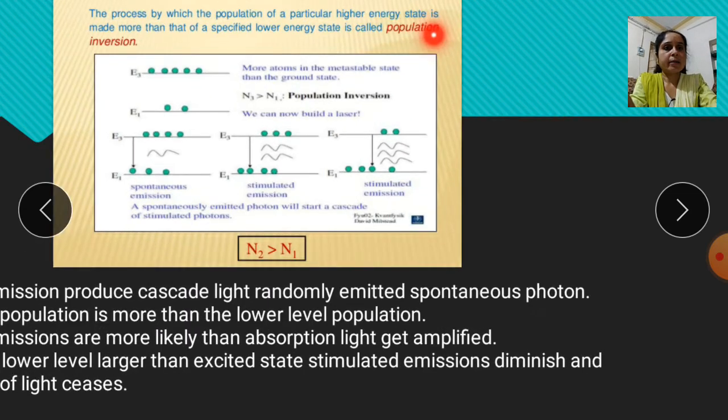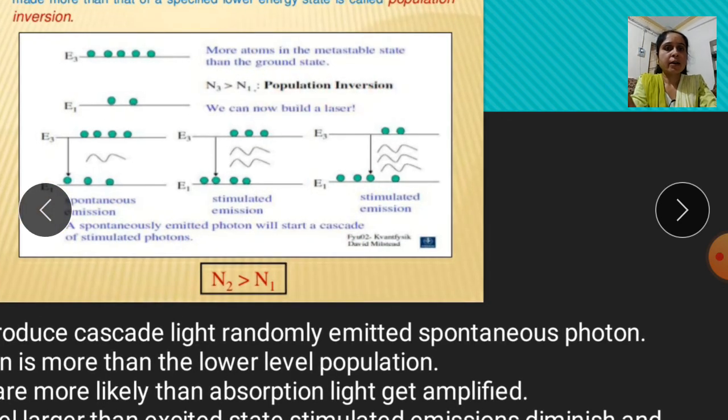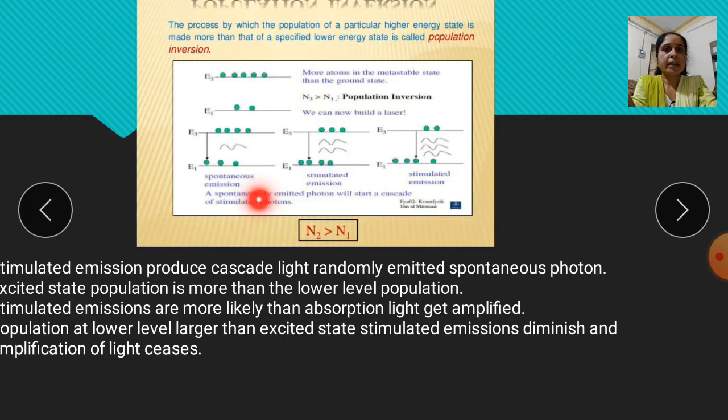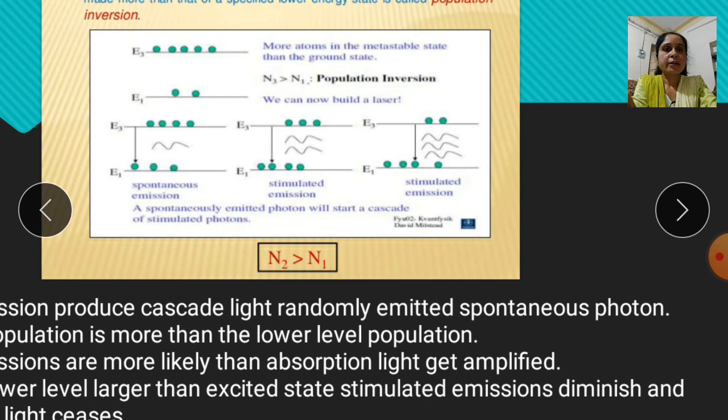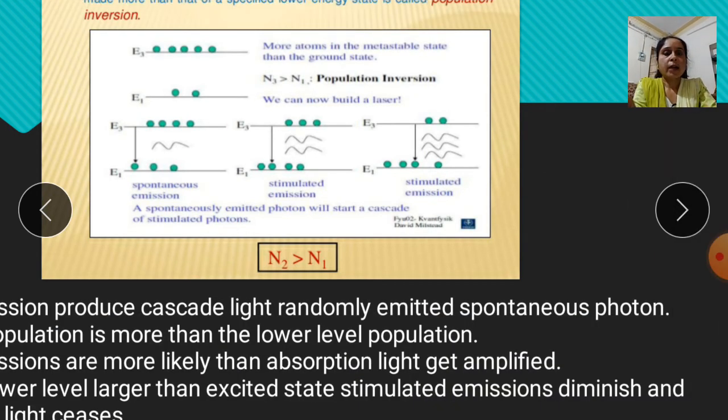See in that diagram, the phenomena of spontaneous emission. The energy states E1, E2, E3 are shown according to the emission processes. In this first diagram, see the spontaneous emission takes place.